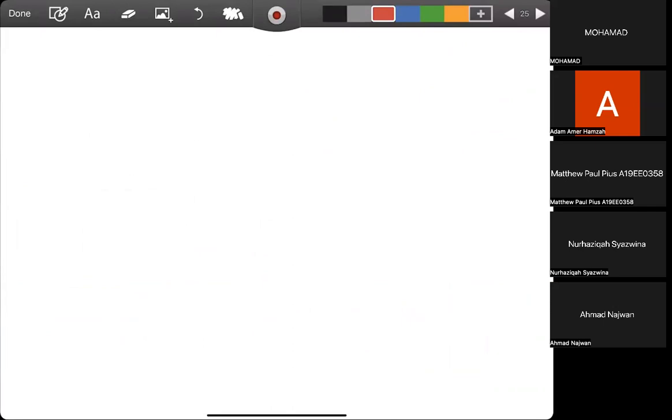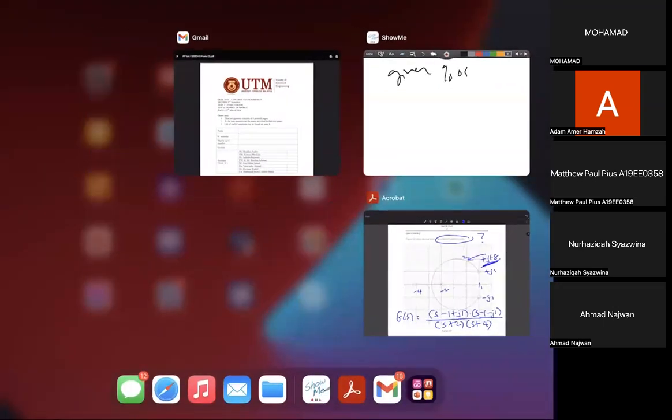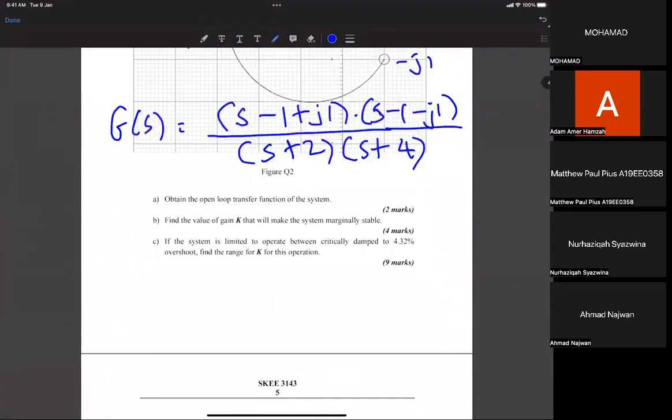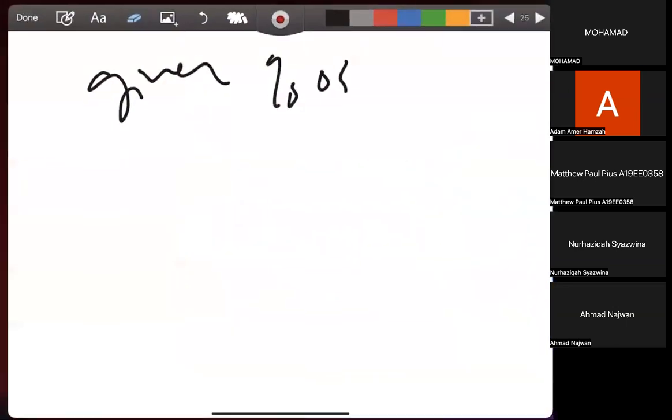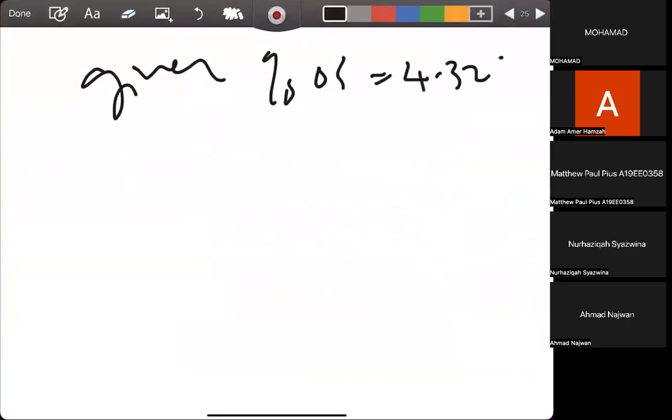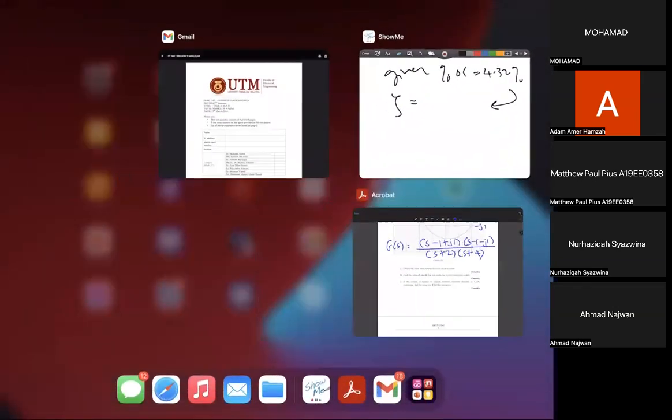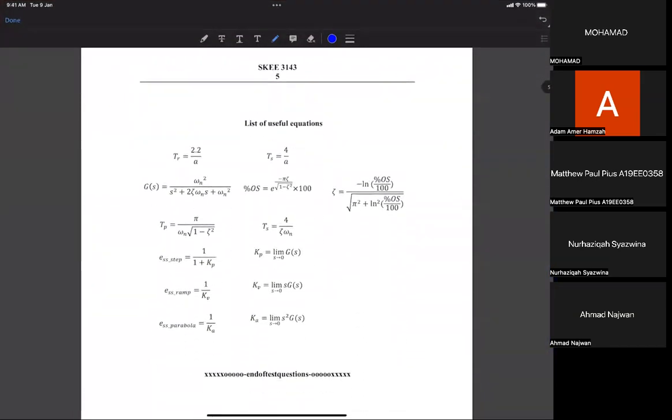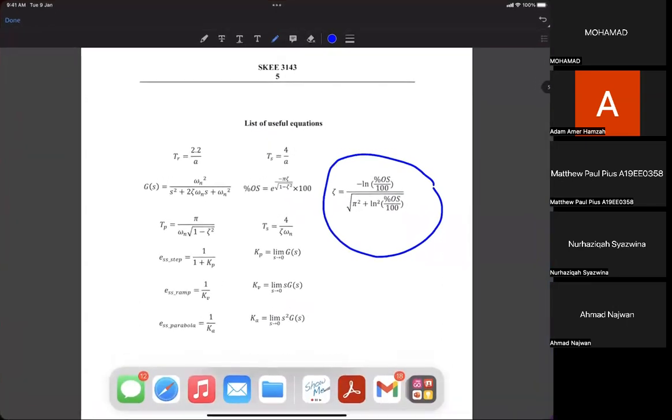And then given the overshoot from the question, 4.32%. So what is the damping ratio? Using the formula which is given, this one, use your calculator. You must bring your calculator during a test.